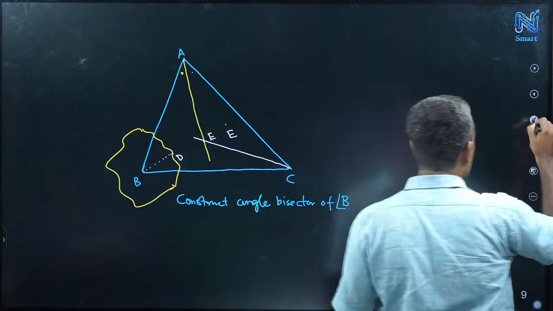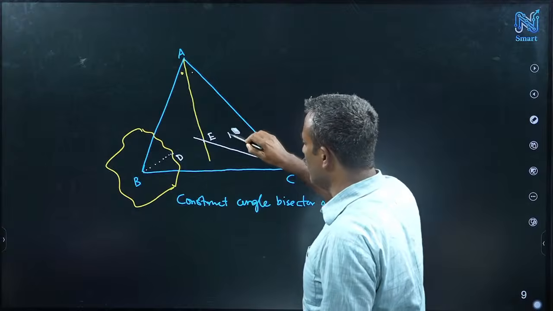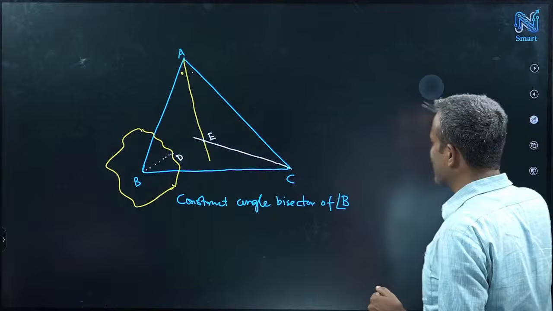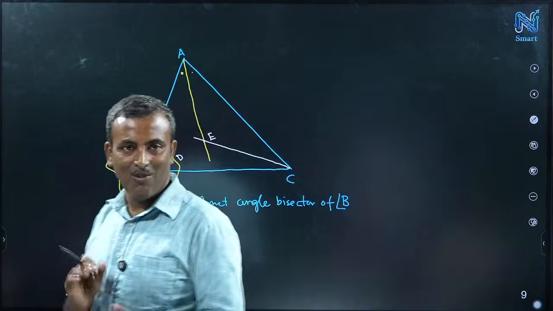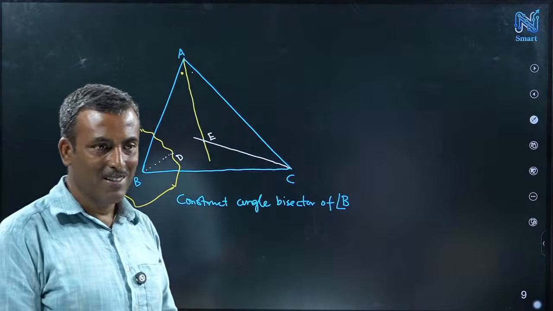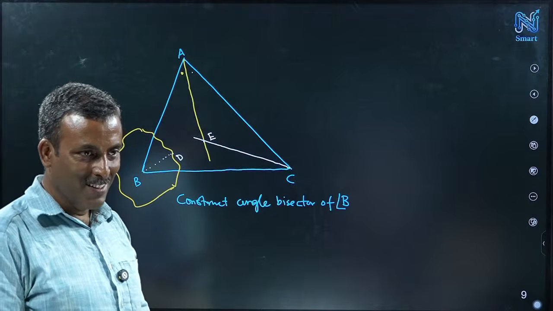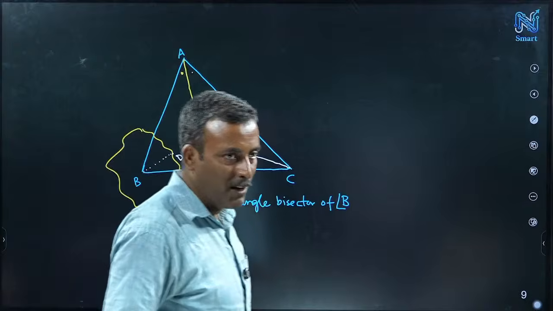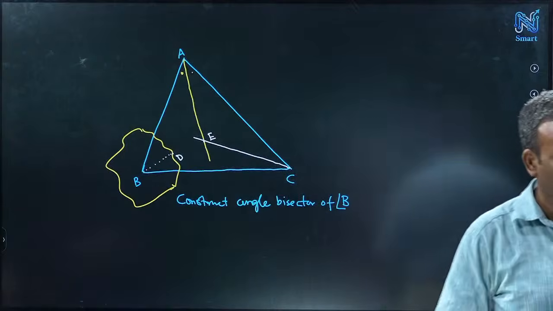So we have 1 point because we know that point E is actually on the angle bisector of B. So we got 1 point. How do you get the second point? We need 1 more point because B is not there. So to find the line we need 2 points.